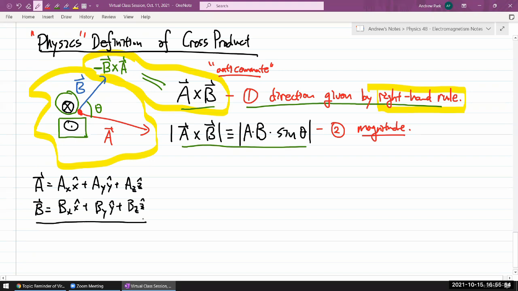Given these two vectors, the cross product A cross B is, let me see if I can remember the whole thing in one shot.